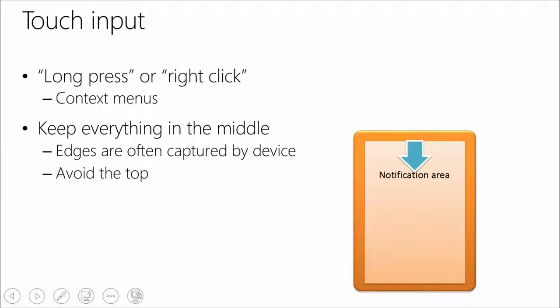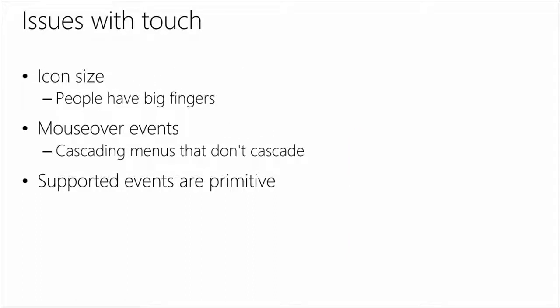There we go. It brings up the little icons down there on the lower left. All of that's based on that long press, which is going to simulate a right click. So use that for things like context menus and to bring up additional information. Now, all of that being said, there are some issues, and we talked about a couple of them up top.